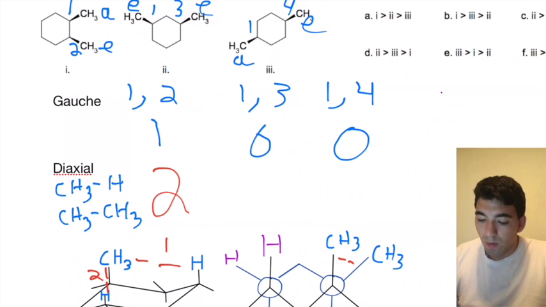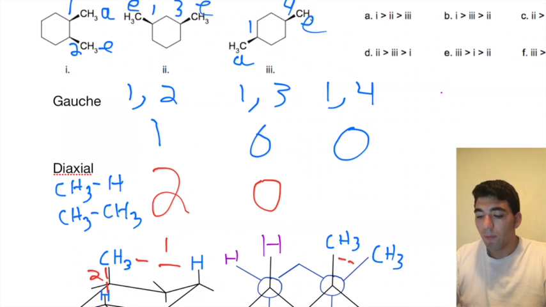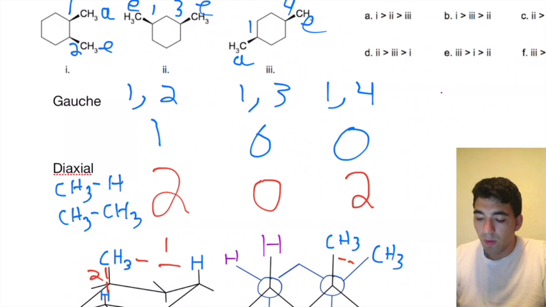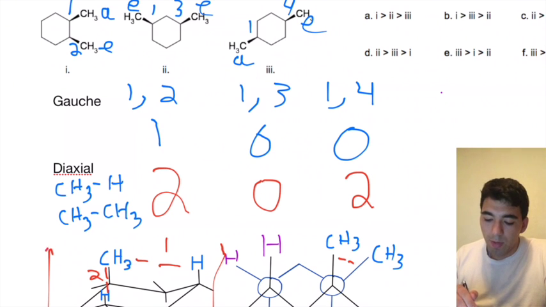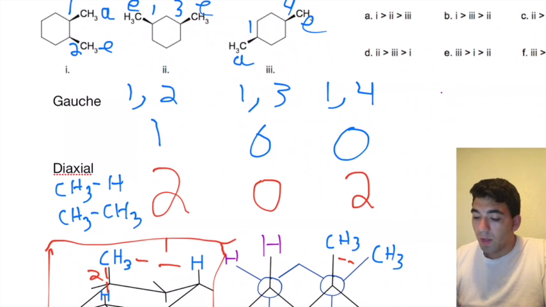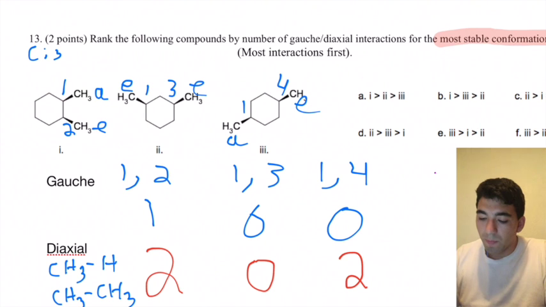Okay, and for the next one we have 2 equatorial carbons, so we don't even have to worry. We should have 0. And our last one, we have another axial, which means we'll have again the same interaction. We'll have 2 because we only have 1 axial. There's no need to count. It's the same as before. Now we can add all those up, and see what our total number of interactions are.